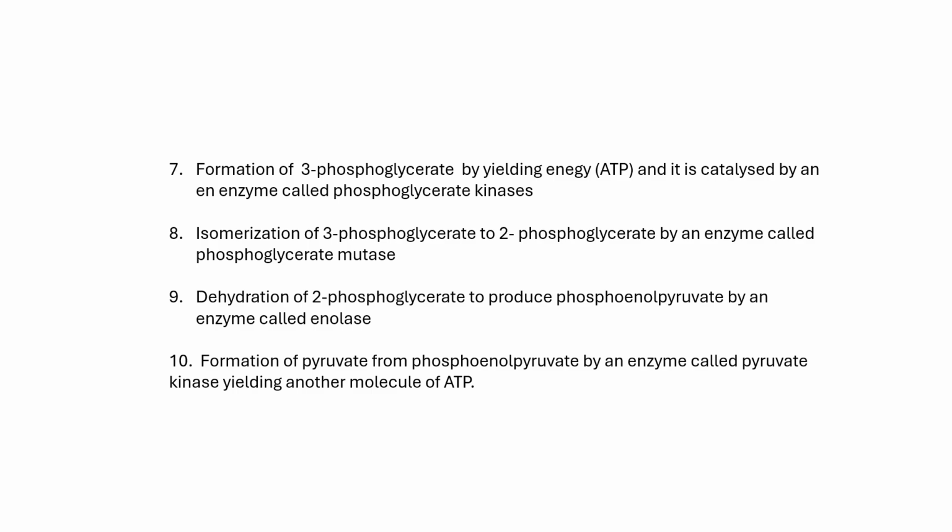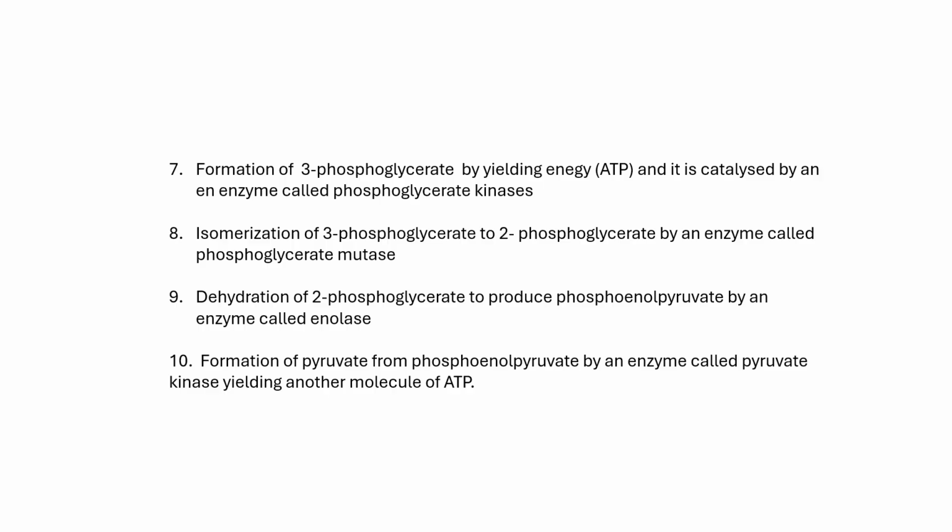So at the end, one glyceraldehyde 3-phosphate produces 2 ATP. Mind you, after splitting a glucose, we produce 2 molecules of glyceraldehyde 3-phosphate. If one produces 2 ATP, then 2 molecules of glyceraldehyde 3-phosphate will produce 4 ATPs.